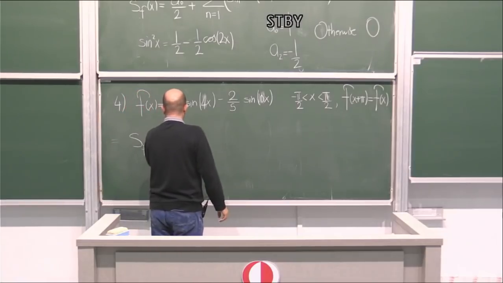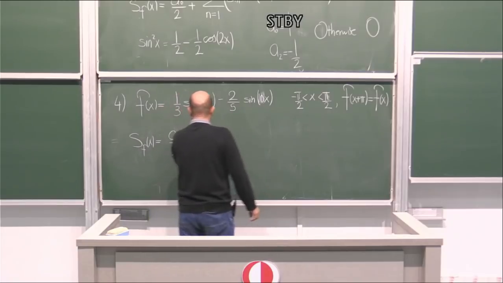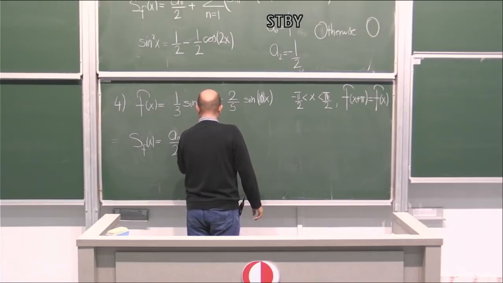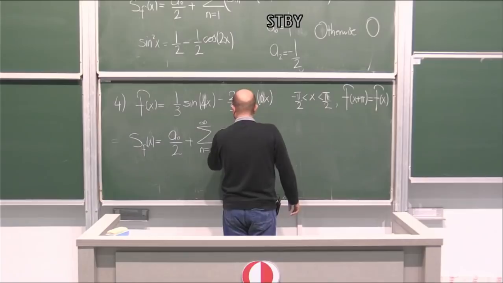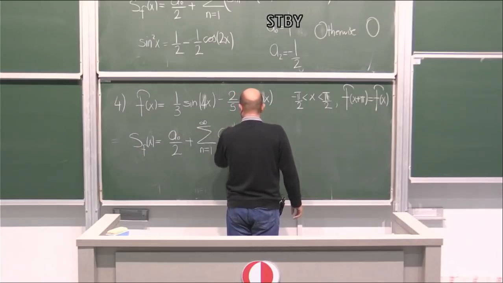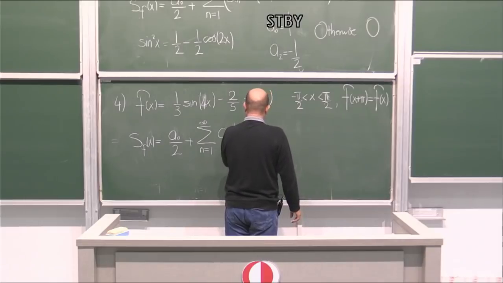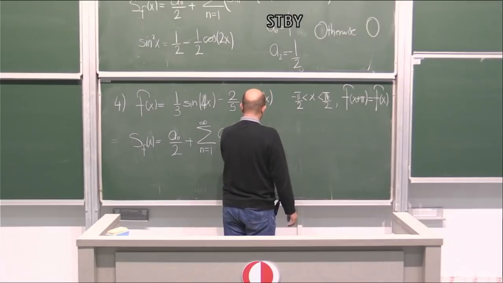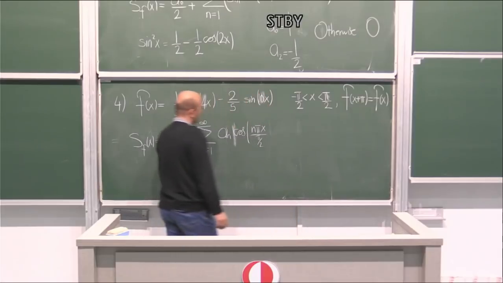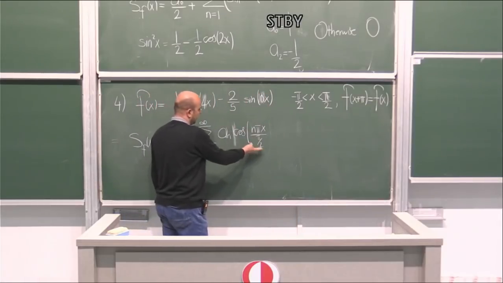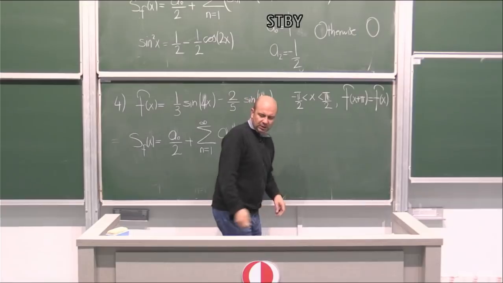This will be a 0 over 2 plus the sum from n equals 1 to infinity of a n cosine n pi x over pi over 2. The pi's are cancelled when you flip, and this just becomes 2n.